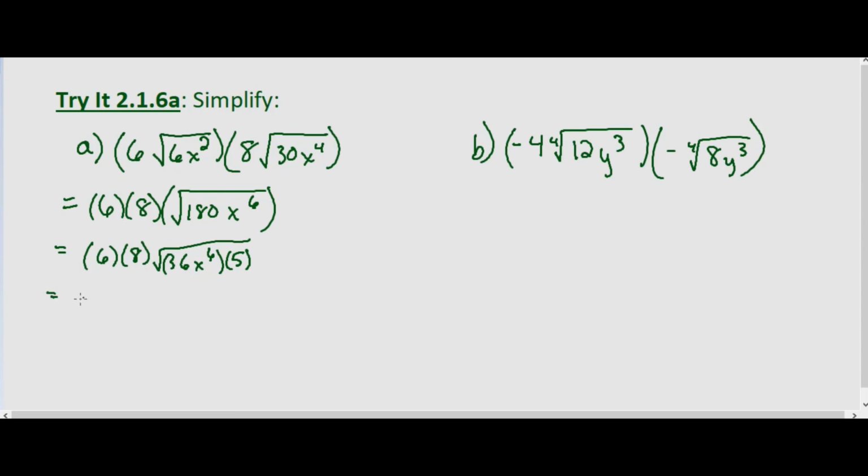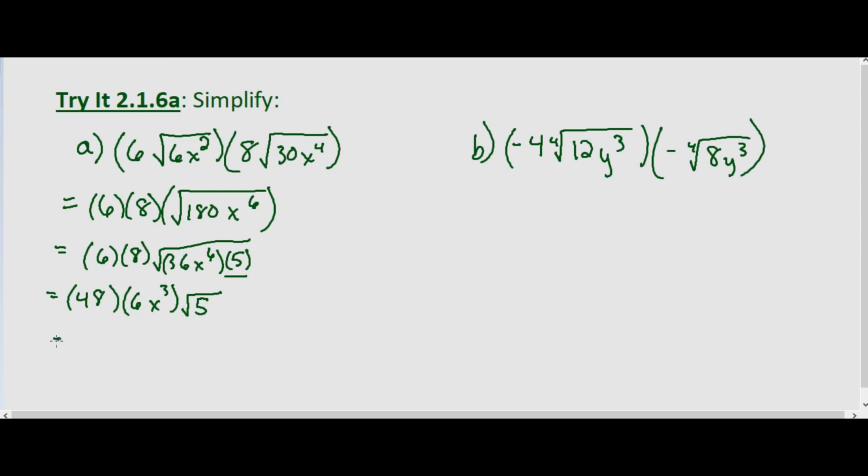So that ends up being 6 times 8 is 48. 36 x to the sixth, square root of that is 6. And then 6 divided by 2, the square root of 36 is 6, and then the square root of x to the sixth is x cubed. And we're left with this 5 under the radical, so square root of 5.